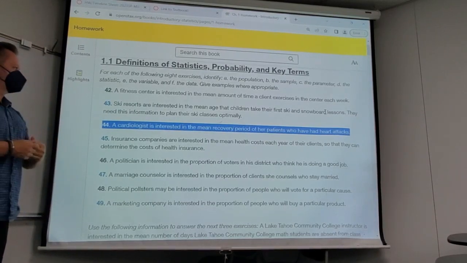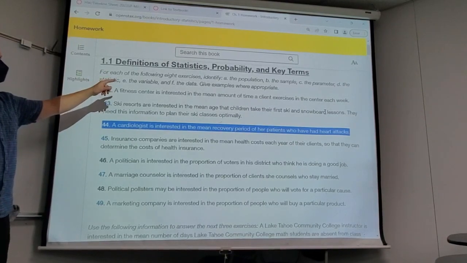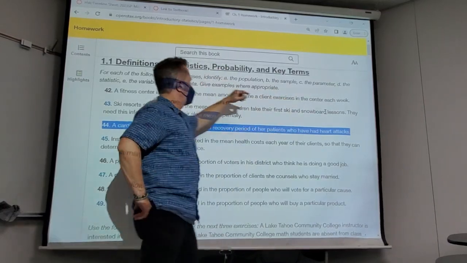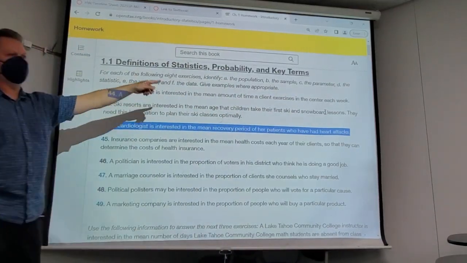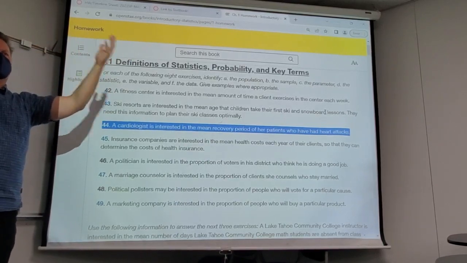Do these sound familiar? Population, sample, parameter, statistic, variable, data. Somebody remind me, what's the difference between parameter and statistic?